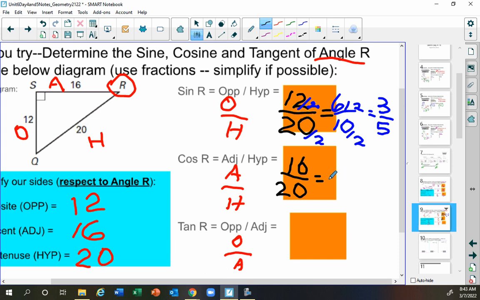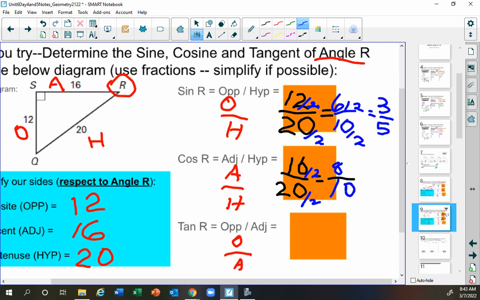Okay, what could we get? Couple options. Well, what can we divide both 16 and 20 by? 2. You can do 2 again. So 16 divided by 2, we get 8 over 10, right?